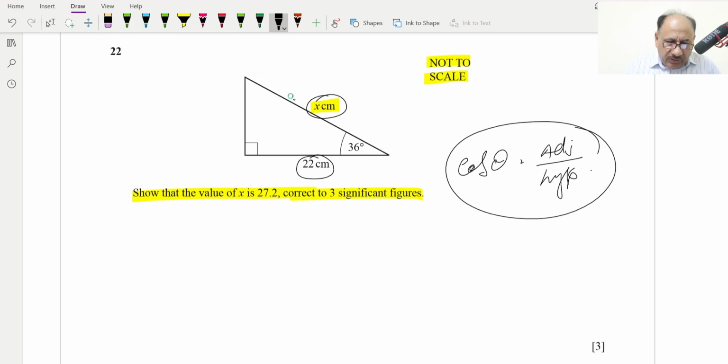We can write cos of 36 degree. Theta is given, cos of 36 degree is equal to 22 over x value.